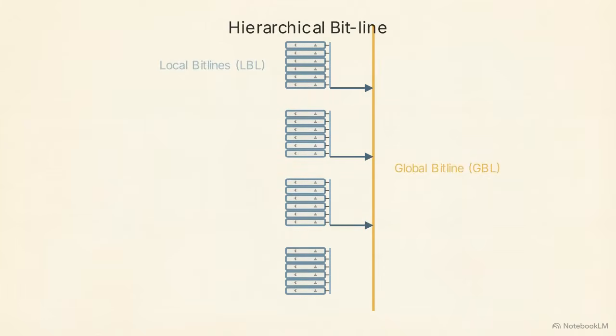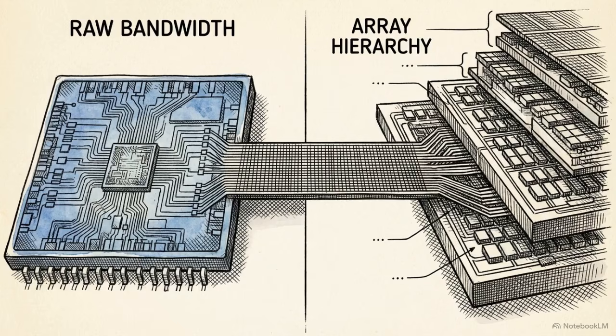The array is broken into short, localized bit lines. These short segments feed their data into a heavily driven global bit line, bypassing the capacitance issue of a single long wire. If cell-level topology compromises physical area for raw access bandwidth, array-level hierarchy is required to salvage speed and power efficiency from that expanded footprint.